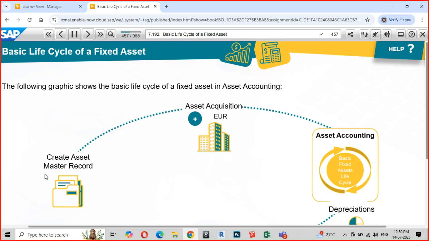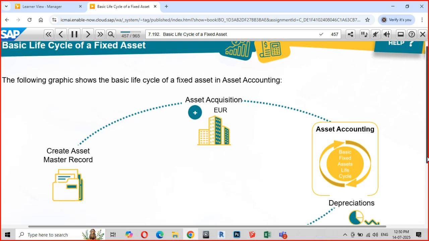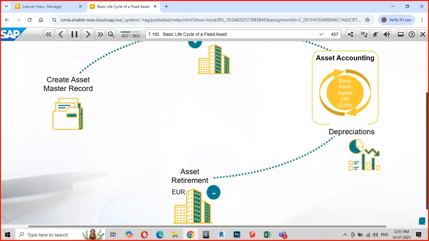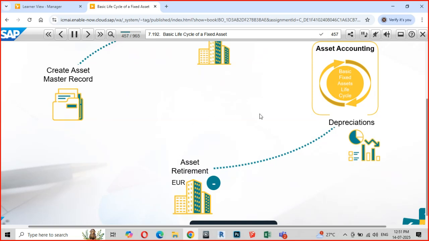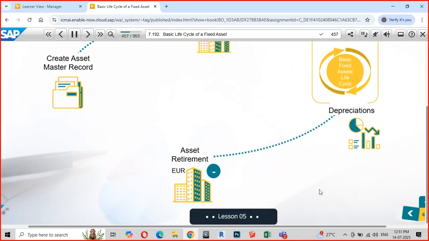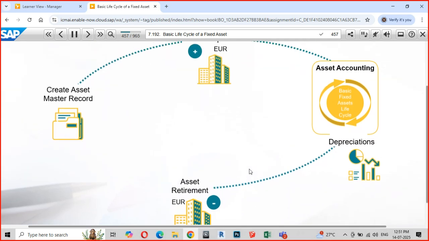Create master record. You purchase the asset. You have the depreciation. So you have the retirement. This is your life cycle broadly. These are the 4 distinct steps as far as your asset accounting is concerned. First and foremost, you create a master record.